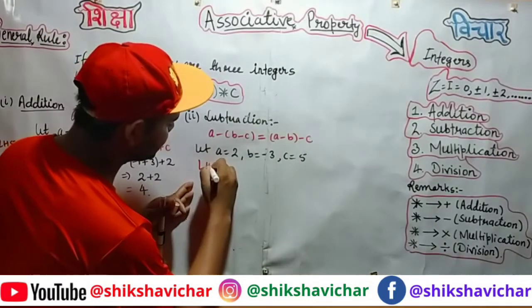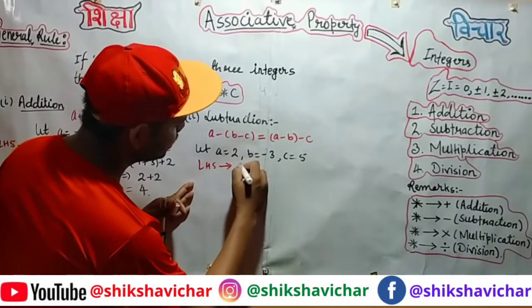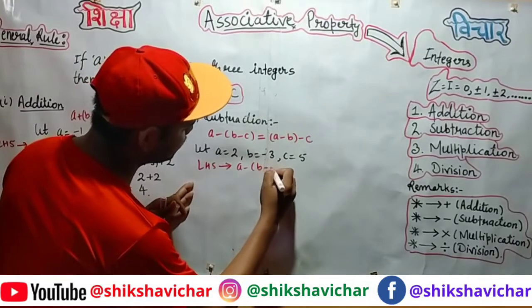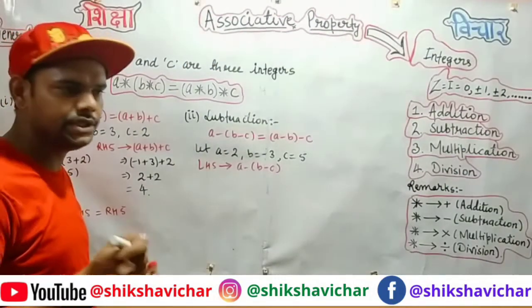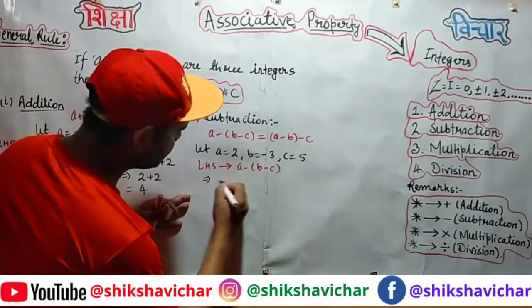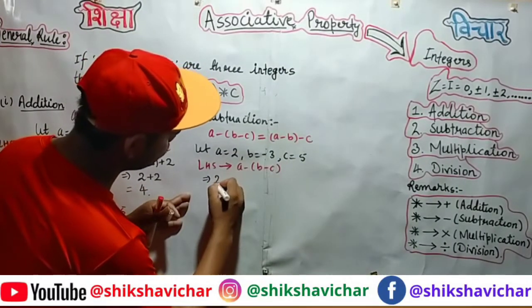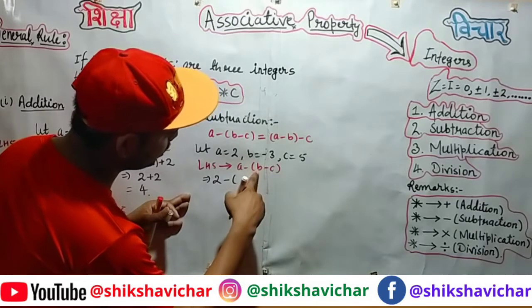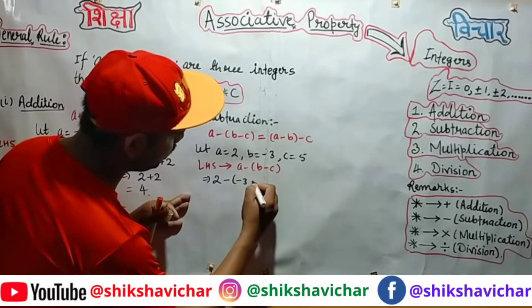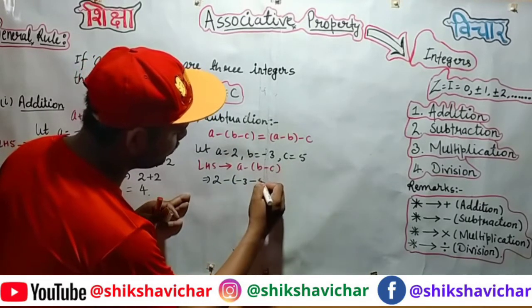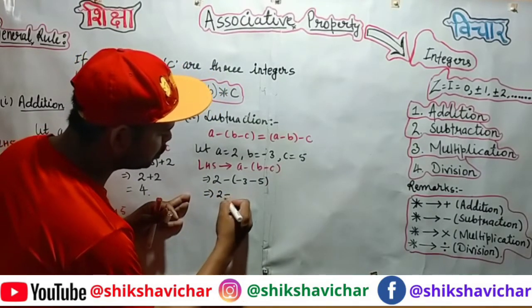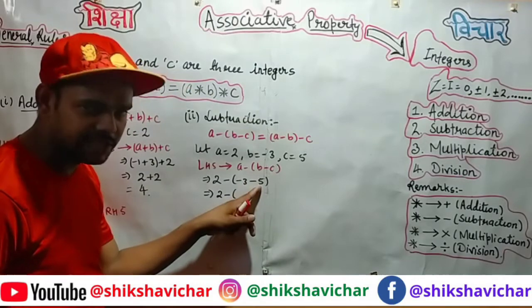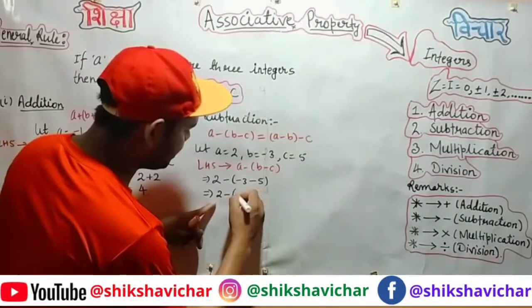So left hand side, what is the left hand side? That is (a - b) - c. So let's put the values of a, b and c here. What is a? That is 2, minus, what is the value of b? That is -3, okay, minus c, that is 5. Then we will solve it: -3 minus 5 will become -8.